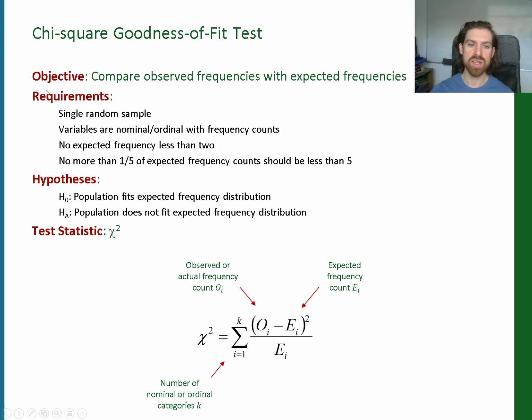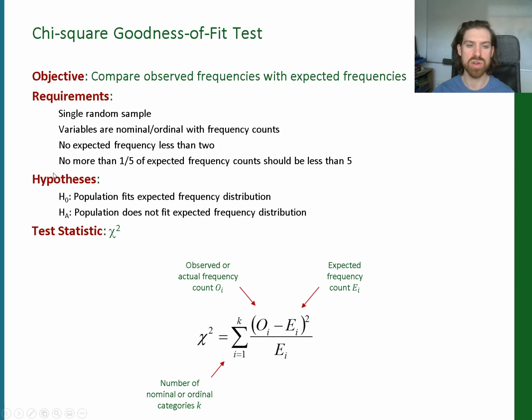And generally, these are requirements for how we carry out the test. But these bottom two relate more to preventing over-biasing of the results. You need to make sure that you have no frequency in any category that has less than 2 observations, and that more than 1/5 of the expected frequency counts are above 5.